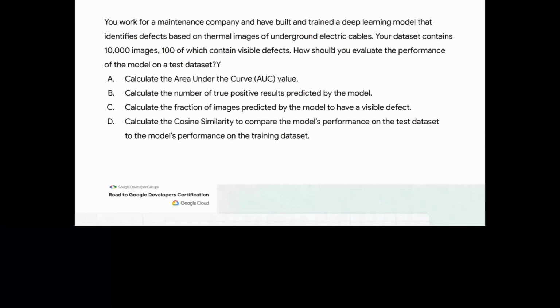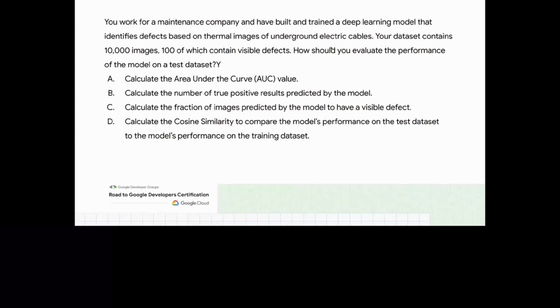Okay, third question. You work for a maintenance company and have built and trained a deep learning model that identifies defects based on thermal images of underground electric cables. Your dataset contains 10,000 images, hundreds of which contain visible defects. How should you evaluate the performance of the model on a test dataset?